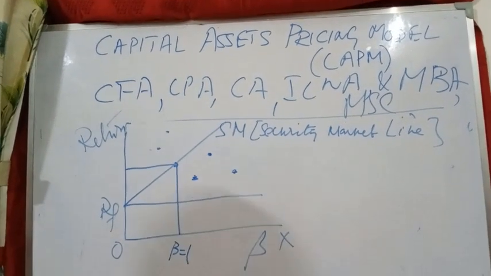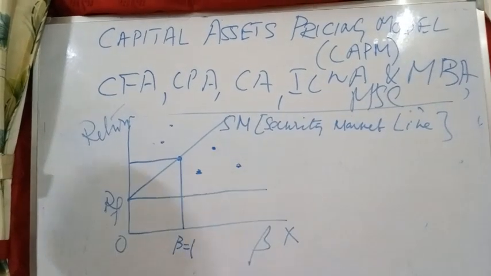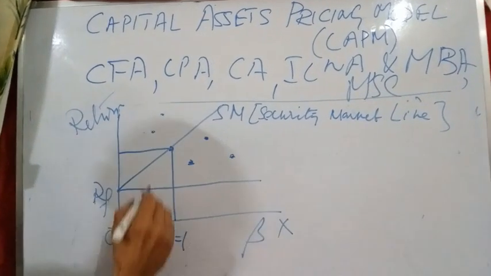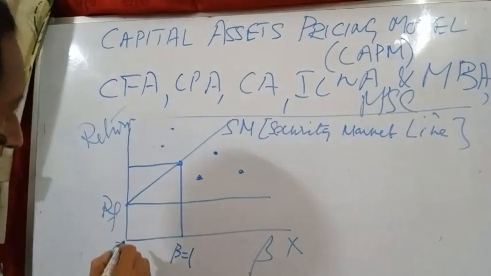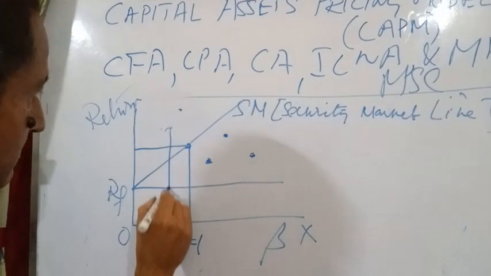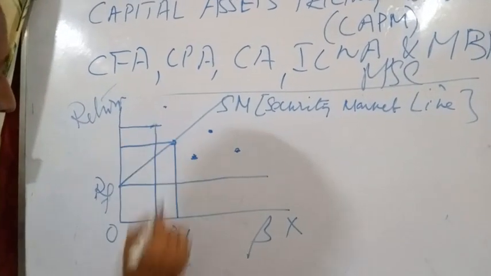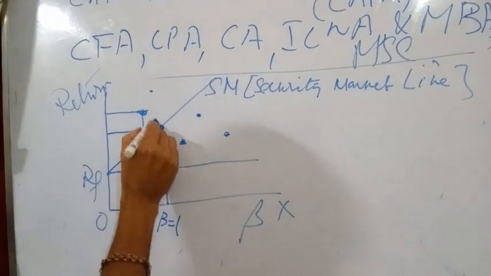Now you see, above this line, as the investor moves from here to here, his return is increasing. His return is increasing as he moves from here to here.